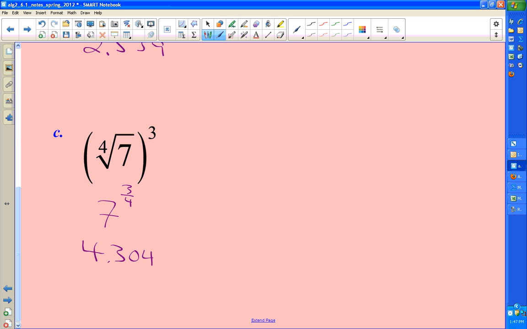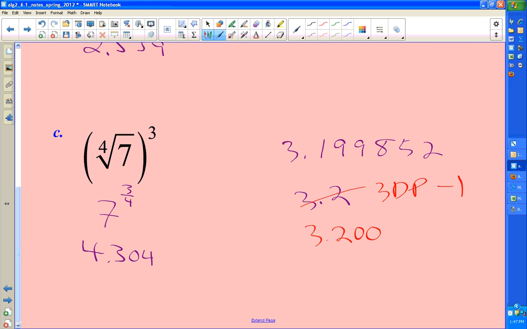Let's say you got a decimal that looked like this. What would you give me as an answer on a test? That would be wrong. 3.2 would be wrong. So 3.2, I'm going to go 3dp minus 1. 3.200.